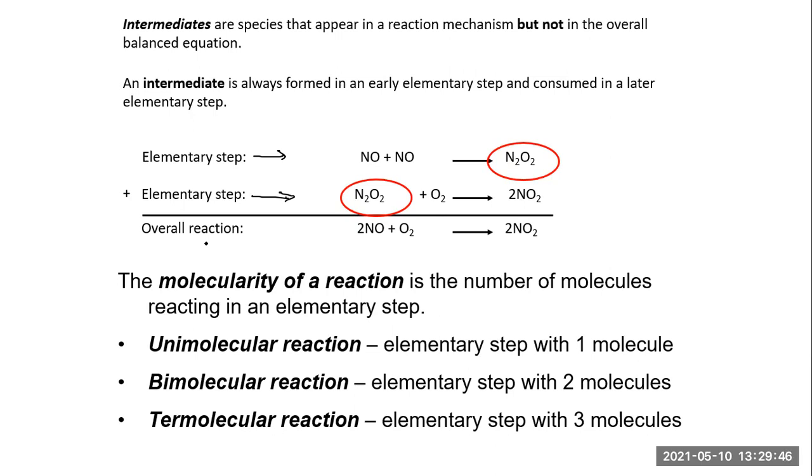There's bimolecular, which means there's two molecules reacting in an elementary step. And there's termolecular, which means there's three molecules reacting in an elementary step. And again, we can see there the N2O2 plus the O2 would be bimolecular. Again, two molecules reacting in this elementary step.